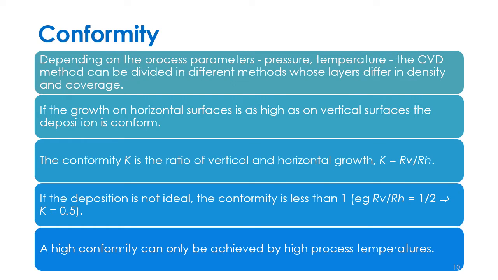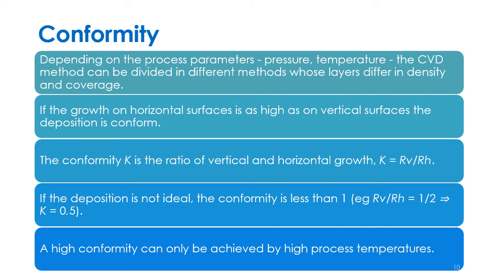In the CVD process, depending on the process parameters, pressure and temperature, the method can be divided into different methods, where the layers differ in density and coverage. If the growth on the horizontal surface is as high as on the vertical surfaces, meaning that horizontally and vertically it is the same, then the deposition is conformal.